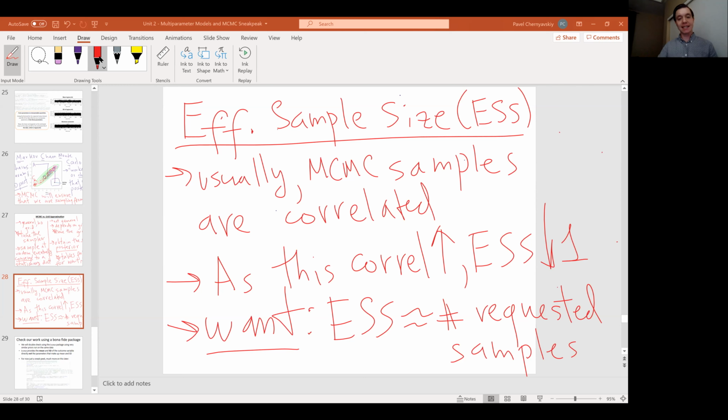Something in the same idea is the autocorrelation function. ACF is the autocorrelation function that can look at how correlated successive samples are. This is a classic autocorrelation function. Lag 0 means that the sample is perfectly correlated with itself.